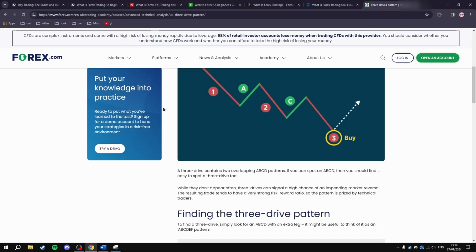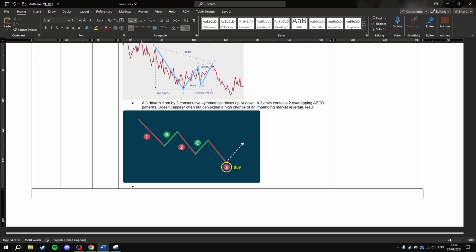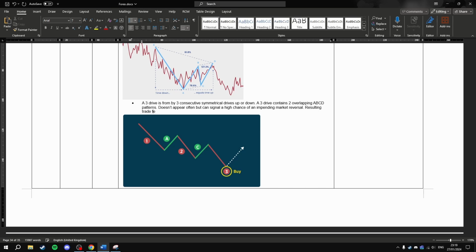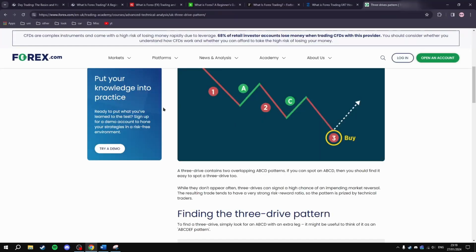The resulting trade tends to have a very strong risk-reward ratio.